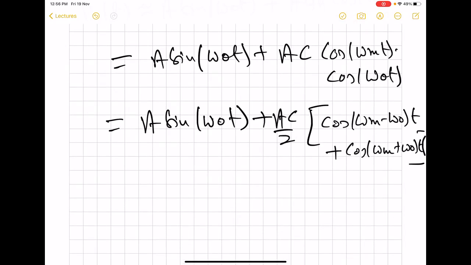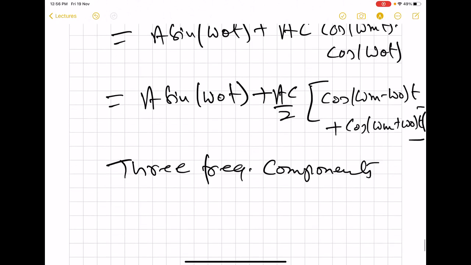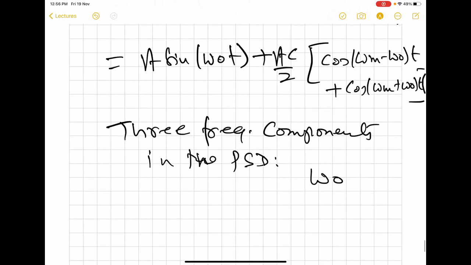So we see that the three frequency components in the PSD are present: omega naught, omega naught plus omega m, and omega m minus omega naught.